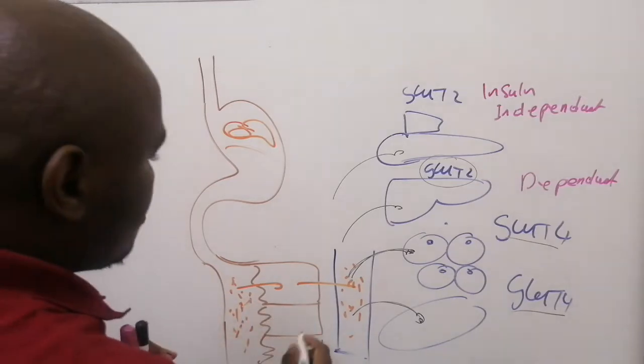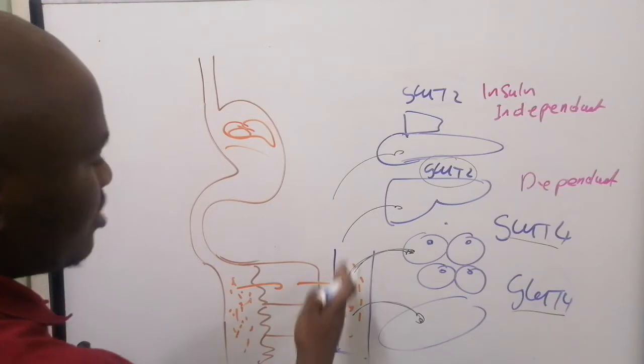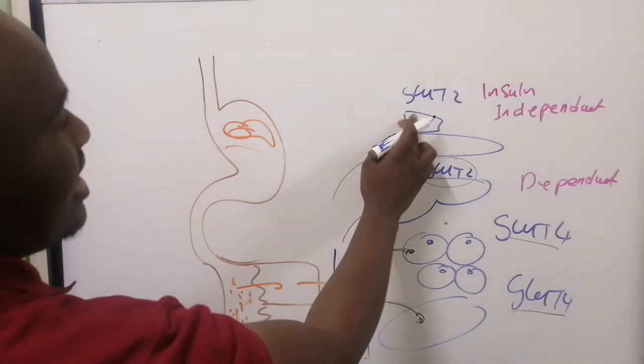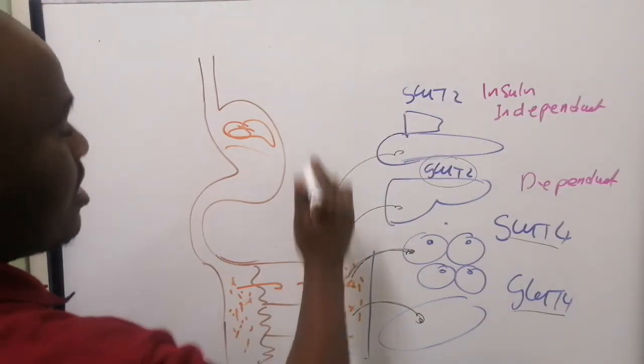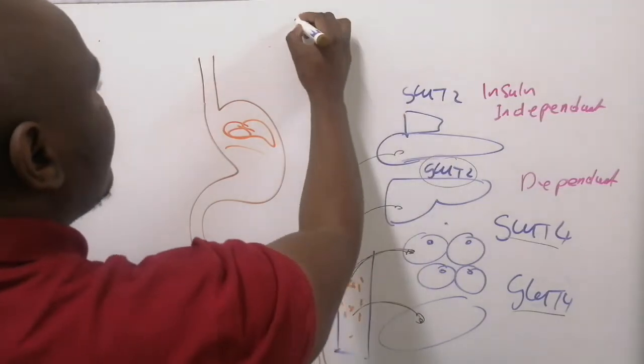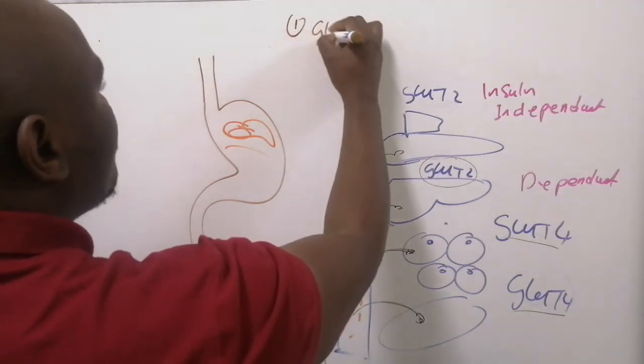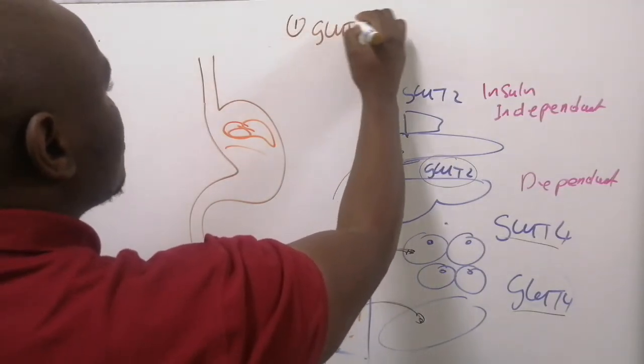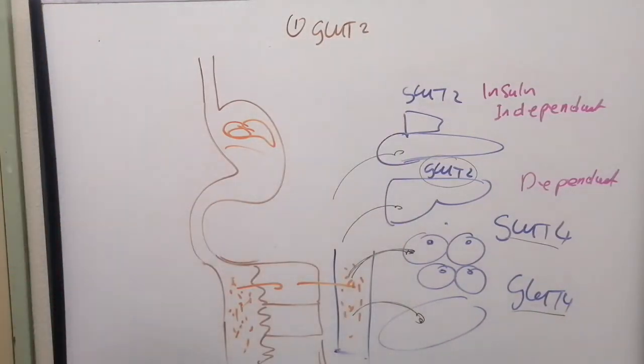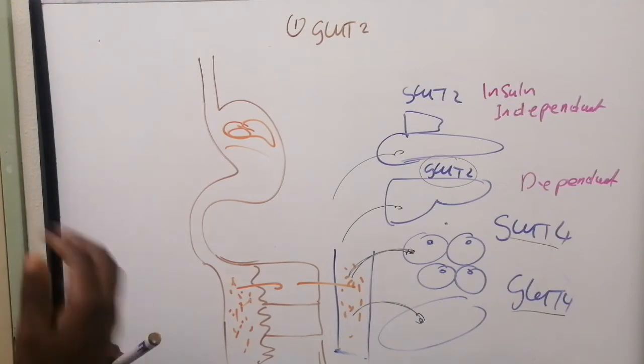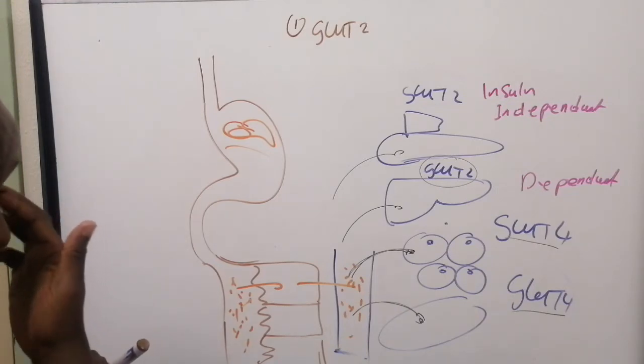First of all, we said that when you've got hyperglycemia, glucose will enter the beta cells. So say you can have a problem with your GLUT2, because GLUT2 are the ones that sense hyperglycemia and allow glucose to enter the cells so that insulin release can occur from the beta cells.